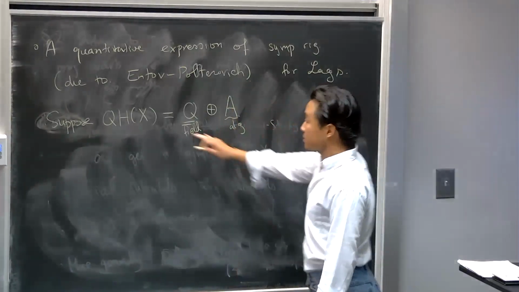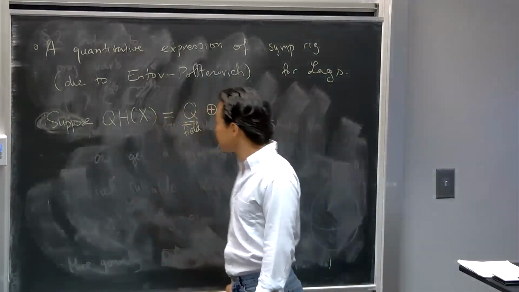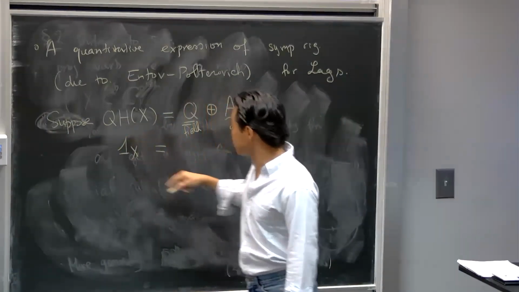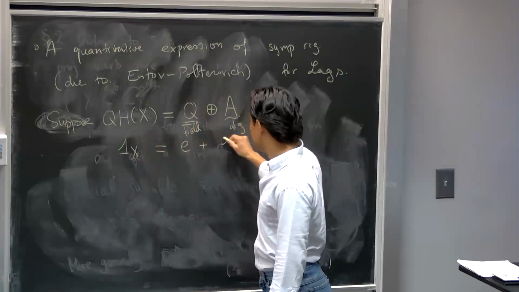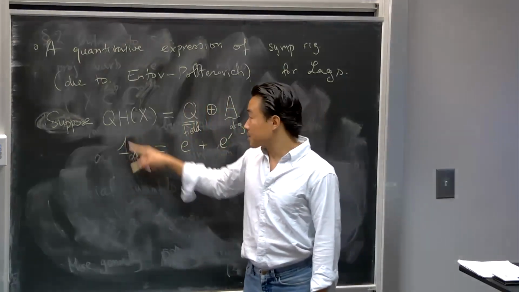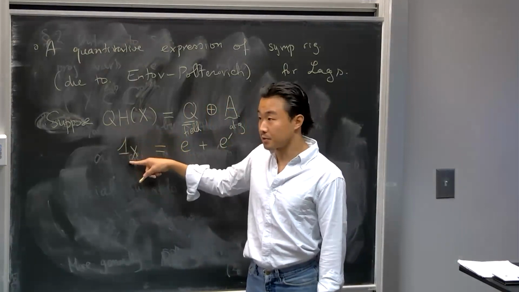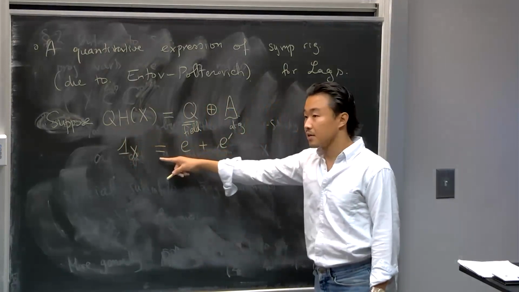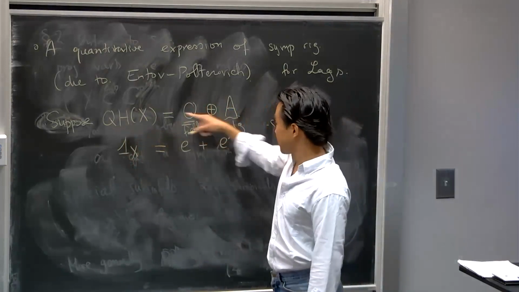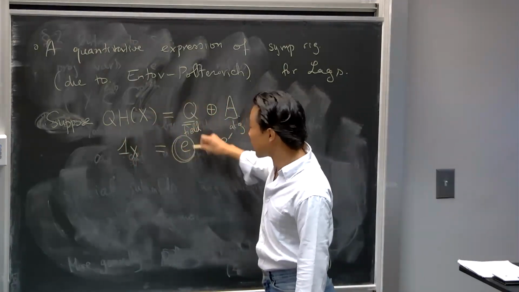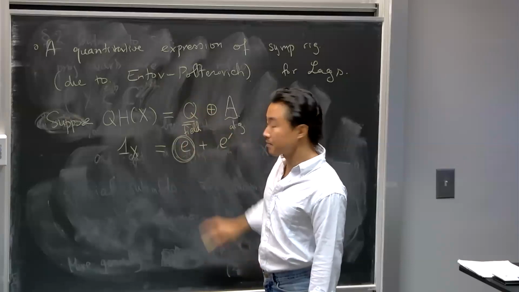So suppose you have this specific condition on quantum cohomology. This is a ring, it has a unit, the fundamental class. I'm going to write it as 1_X. Let's say you split the fundamental class with respect to this ring structure, and I look at the idempotent e that is the part of the field.